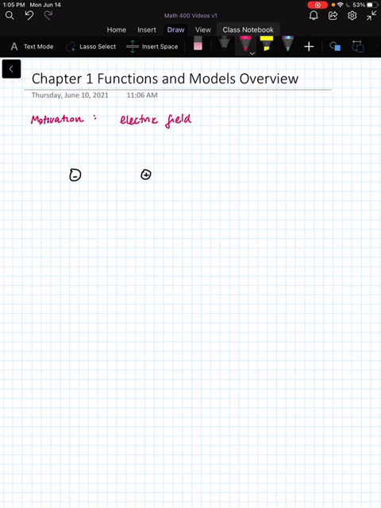So, in order to talk about the mathematical construct of the model, we should think about, so our model here involves, first of all, what physical quantities and variables are we considering?